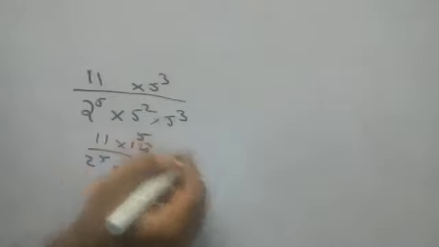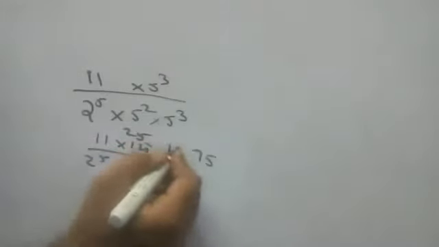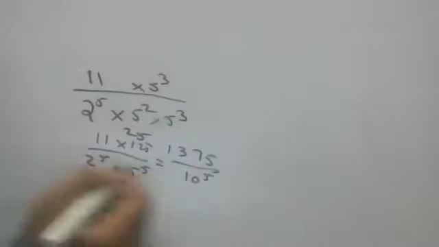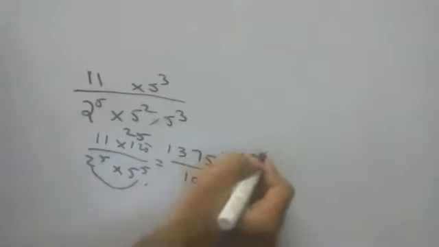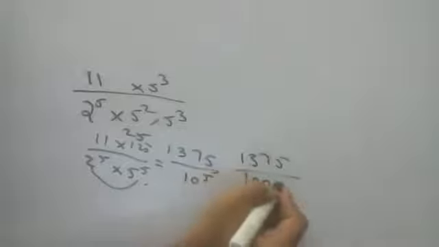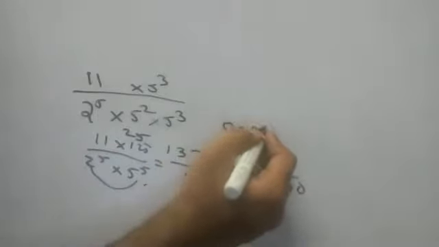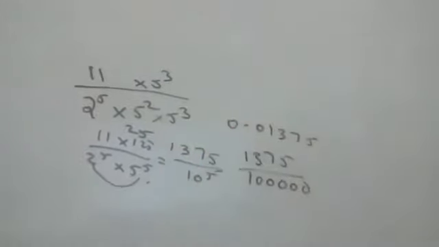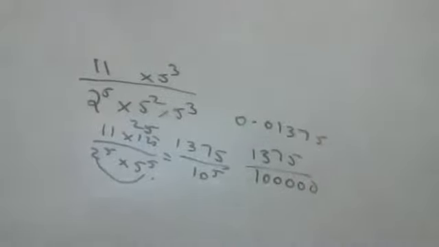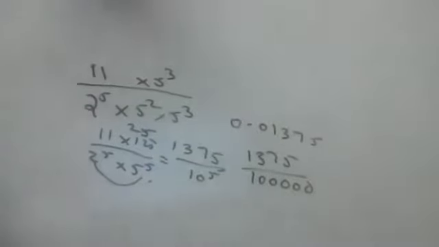So 11 5s are 55, 11 2s are 22, 11 into 125 is 1375 by 10 to the power of 5. 5 2s are 10. So 1375 by 10 to the power of 5, 0.01375 like this. Okay, children, I think I have told enough number of sums for you to understand.